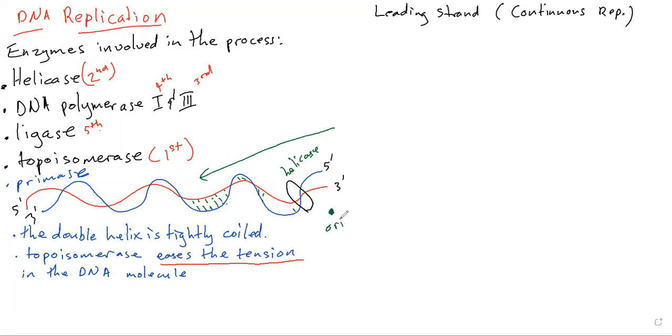So I'm going to call this our origin of replication. Wherever DNA replication starts, that's the origin of replication. So replication is starting here and going in this direction. We know that the leading strand, what direction does the leading strand run?